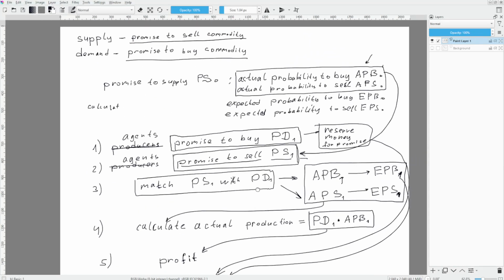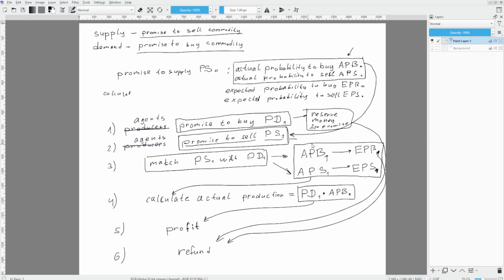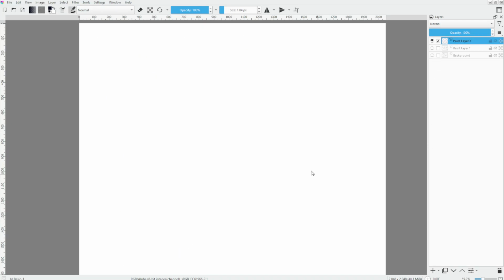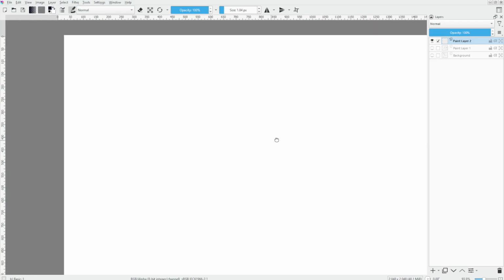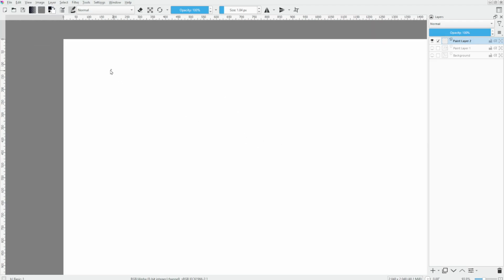How does it happen? Depends on the exact consumer, the exact producer, but let's consider just a factory. In general, so we have a certain price. Let's say price P. We have a certain demand, promised demand.